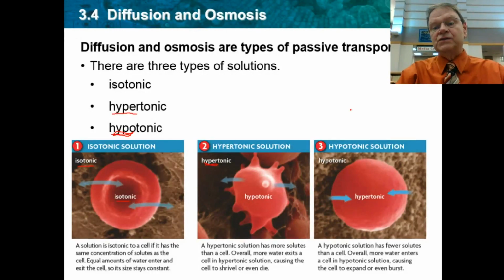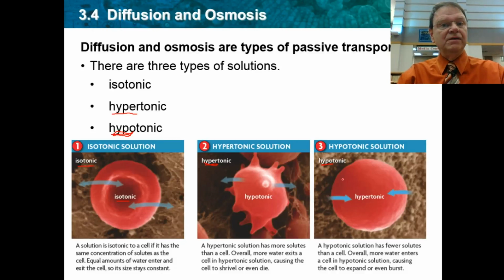And so in that kind of situation, water is going to be in lower concentration inside the cell than it is outside the cell. And so we refer to that as hypotonic because there are fewer solutes outside, and because the concentration of water is lower inside the cell, that's the direction the water is going to move at the end of the day, what we call the net movement.